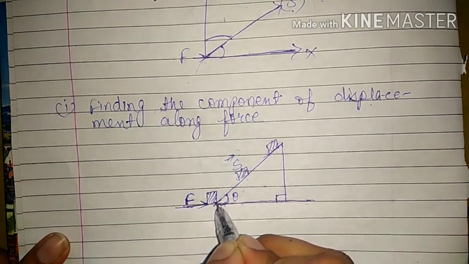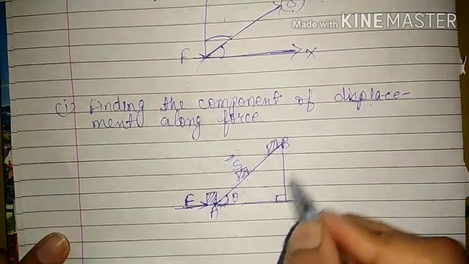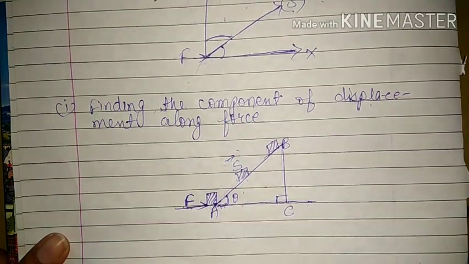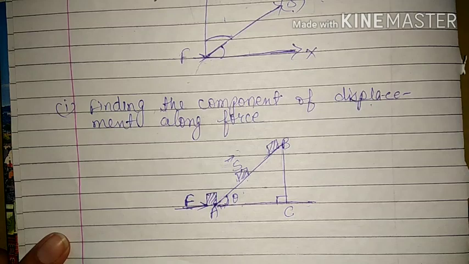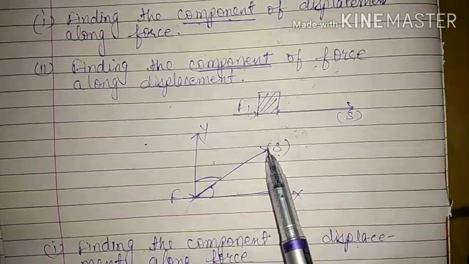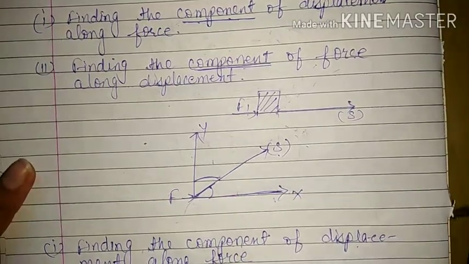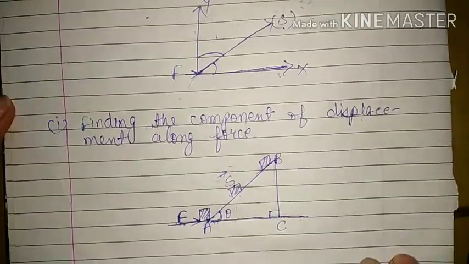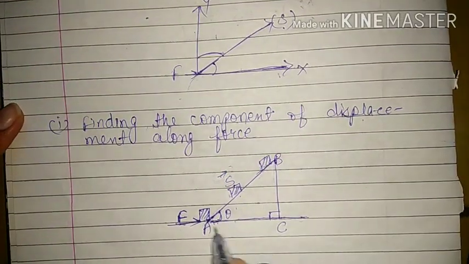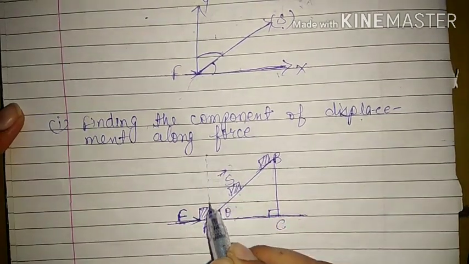Suppose the body was initially at point A and now it is at point B, and we have drawn a perpendicular from B and named it C. Any vector quantity has two components, one horizontal and one vertical. Here also we will have two components of this displacement.